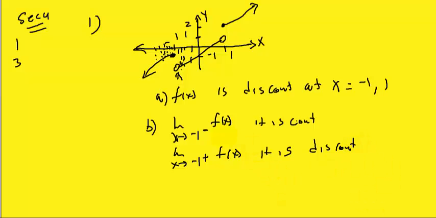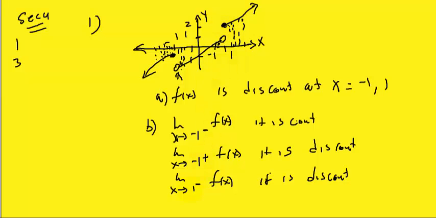Okay, now we'll go to the 1. When I come from the left to 1, is the hole filled in? No. So limit as x goes to 1 from the left side of f of x, it is discontinuous. And then when I come from the right, okay, is the hole filled in?